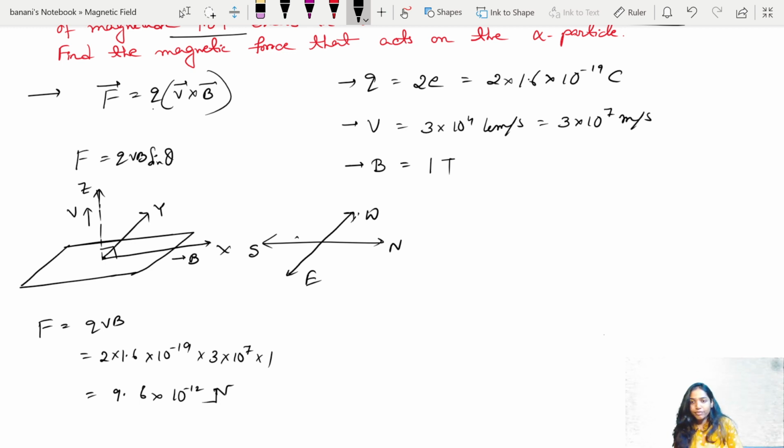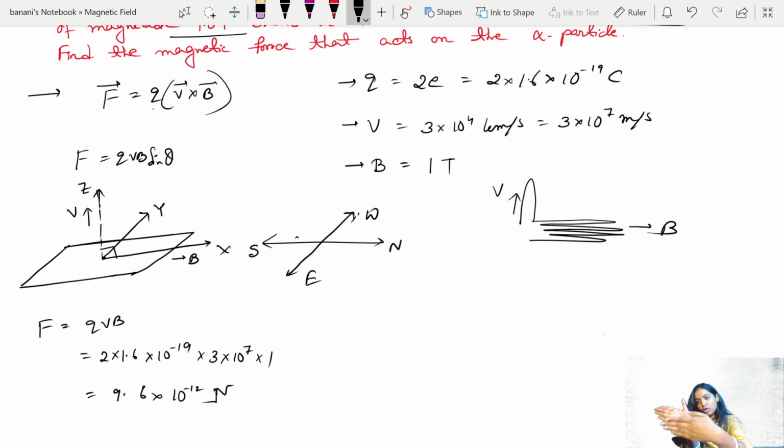The palm rule says that if we direct the four fingers along the direction of B and the thumb along the velocity of the charged particle, then the palm face will show us the direction of the magnetic force.